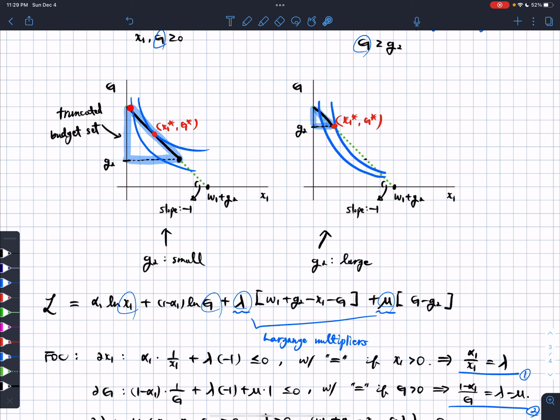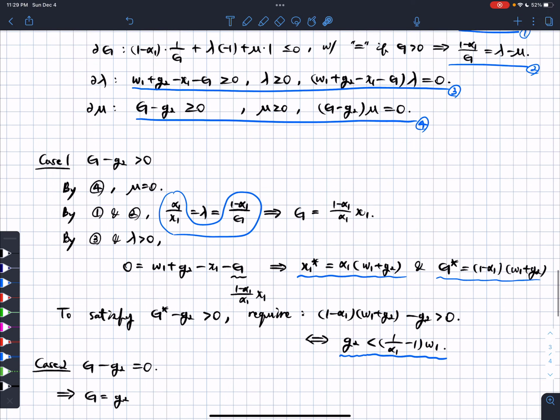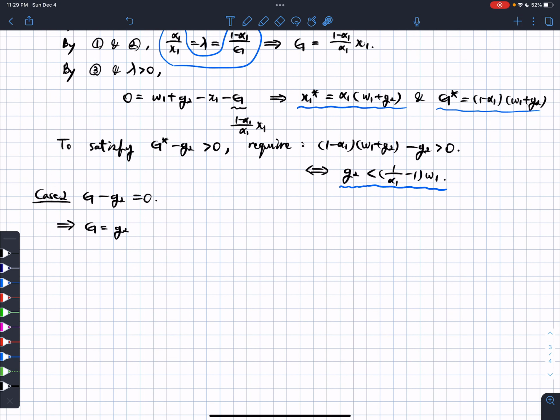The slope of this budget line will be equal to the slope of this indifference curve when G2 is small enough. And if that's not the case, if G2 is too large, then we have this corner solution, right? So here, as you see, the value for G star will be precisely this value. So let me add that here, where big G star is actually equal to G2.